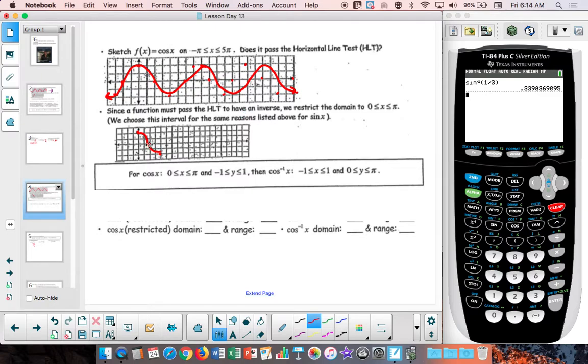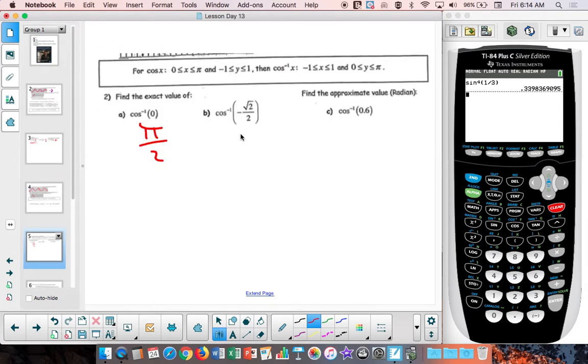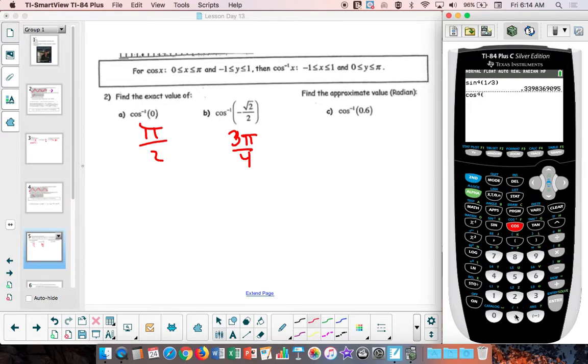And the negatives are beyond pi over 2. So 3 pi over 4 is going to give us negative root 2 over 2. 3 pi over 4. And then back to our graphing calculator. So inverse cosine of 0.6, 0.93.